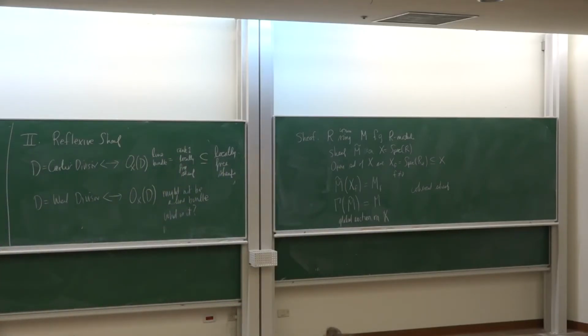Now here I'll just let F be a coherent sheaf. And then stuff you do with modules you can do with sheaves. So for example, you can take Hom.